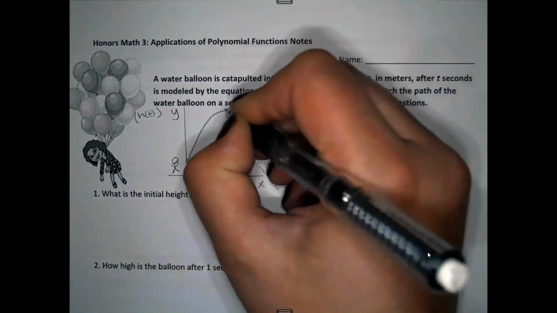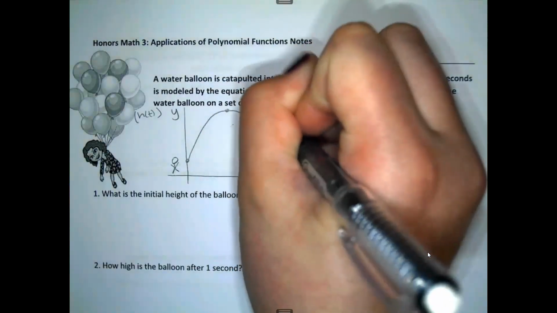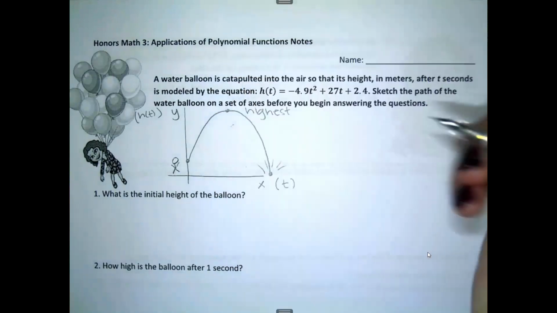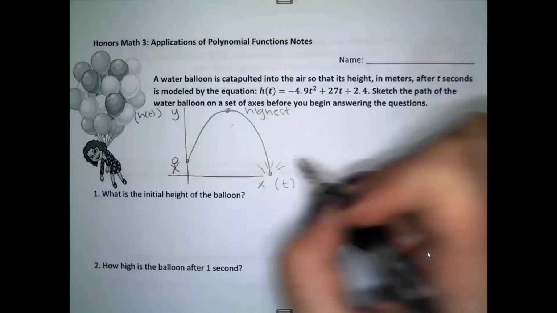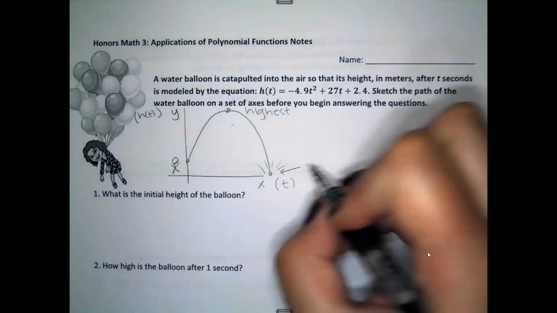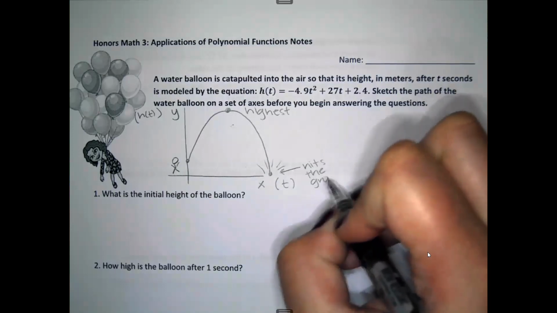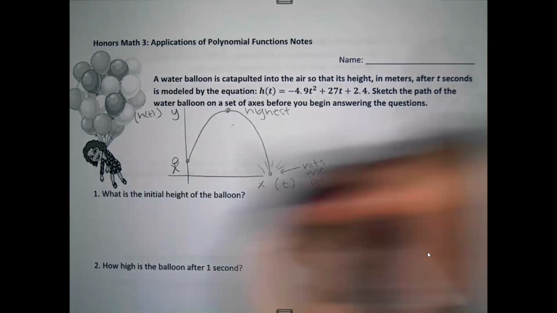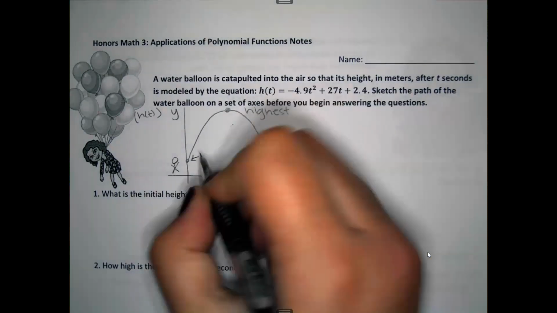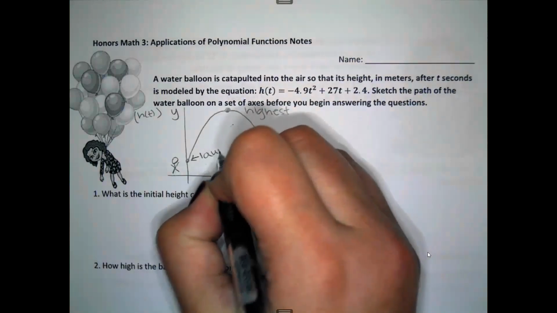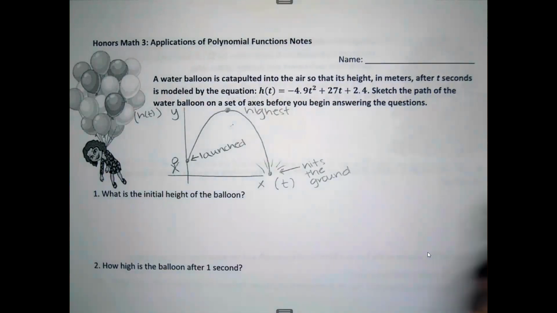All right, so here's the highest point of the balloon, maximum height. Here is where the balloon hits the ground. Here's where the balloon is launched. I think that's all the important information.